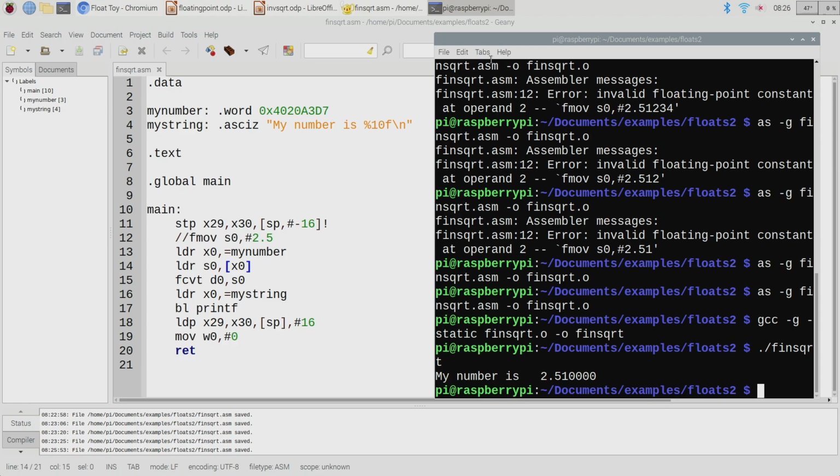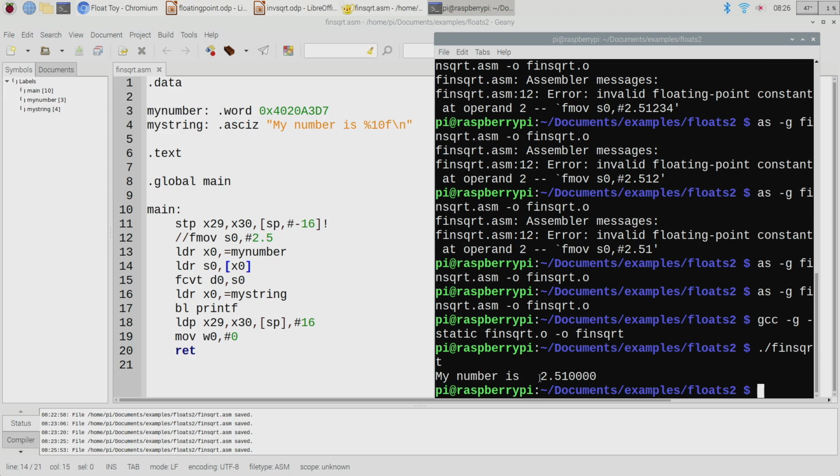Okay. Now in this case, I told it to do 10 decimal places. I didn't need all 10 here. So you see how there's space there? That's where the rest of the 10 are. Okay, so the 10 means 10 digits, regardless of where the decimal point is.